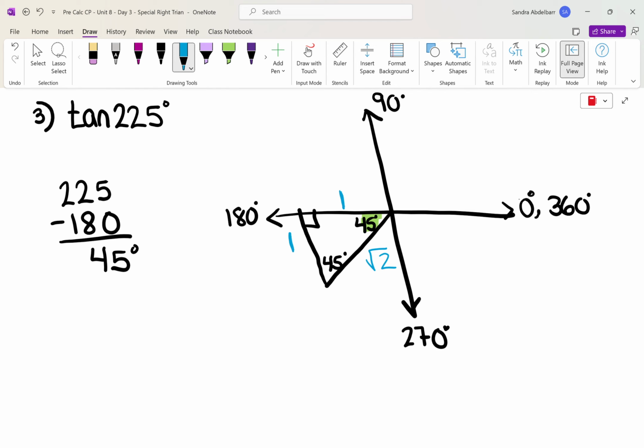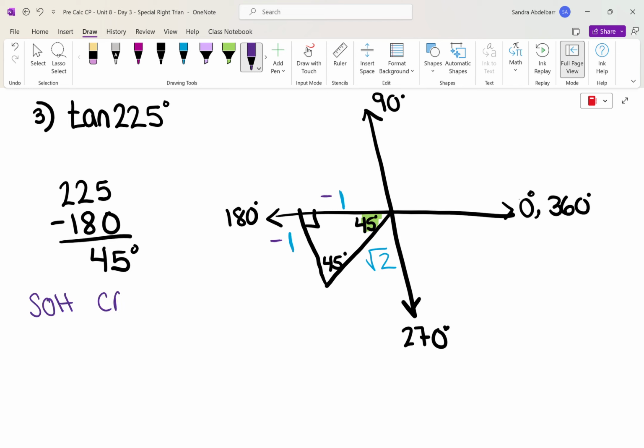No, never negative. So which sides here are going to be negative, and why? The ones, yeah. Why are they going to be negative? Because we're negative x to the left of the origin, and we're negative y below the x-axis. So these are going to be the negatives.